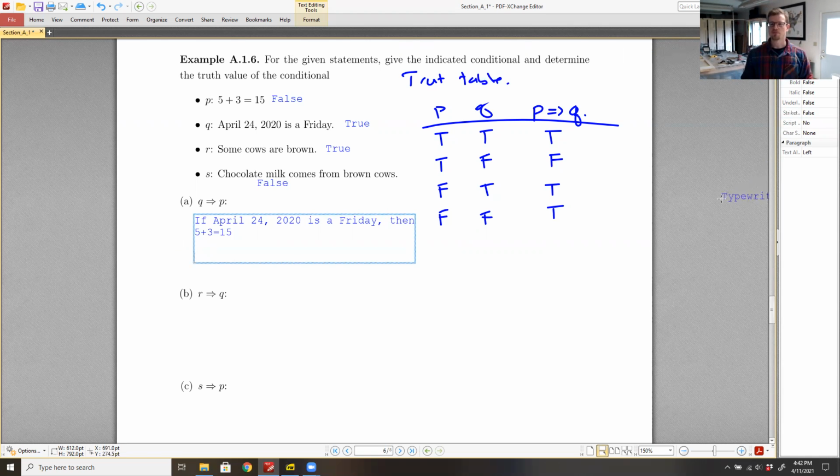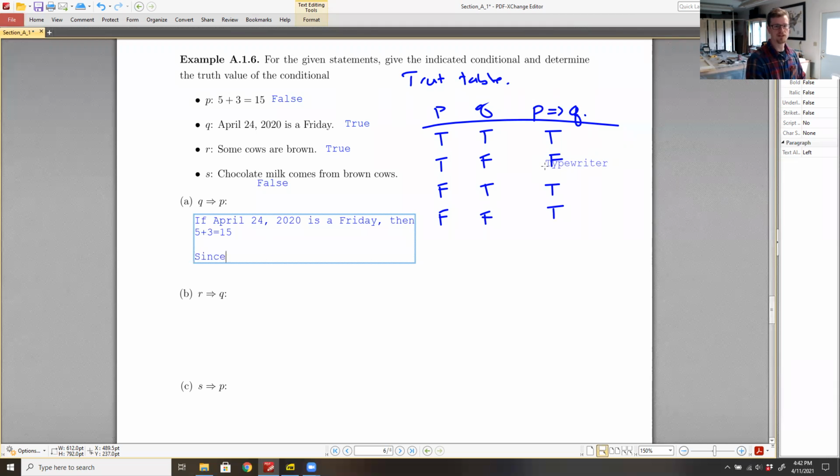So the question is simply, do we have a situation where the premise is true and the conclusion is false? Is that the case? Yes, the premise is true, but the conclusion is false. And that gives us the one particular situation in which the conditional statement is false.